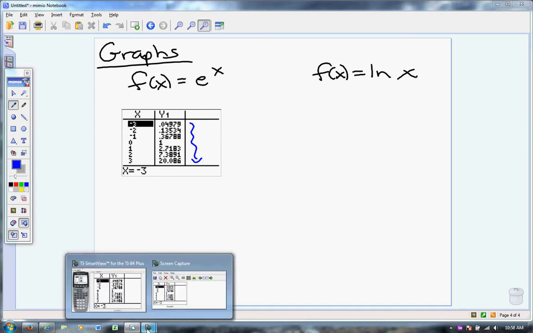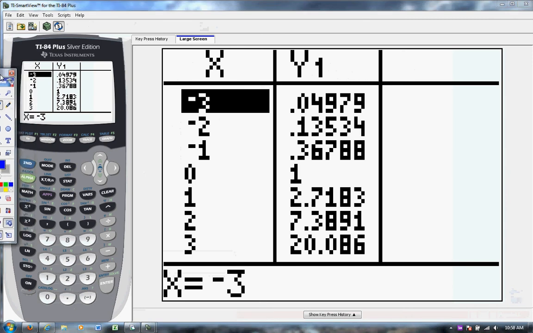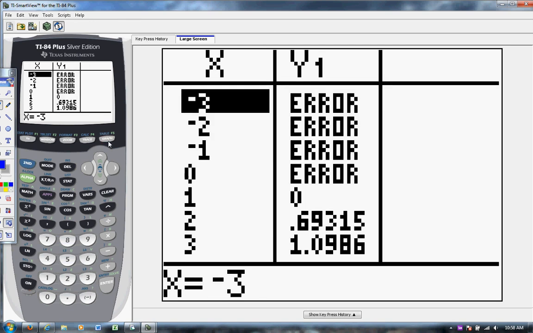So let's go back to the graphing calculator. Let's go to my y equals screen. And let's change this. I'm going to clear this out, and I'm going to change this to the natural log of x. Okay, and I'm going to leave the same table setup. So let's go now to my table. There's a bunch of errors up there.